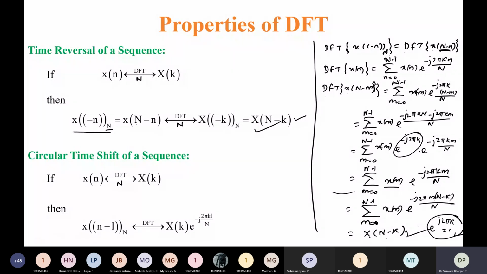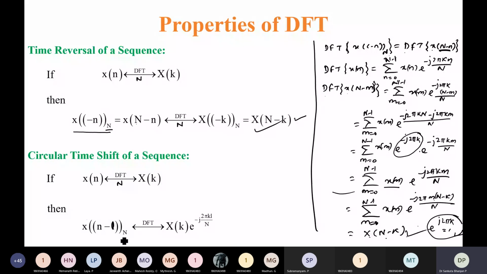The previous one was reversal; here it is time shift, n minus l, so for your understanding this is l. So n minus l modulo n, that is you are shifting in time. That is circular time shift, because here it is n minus l modulo n.